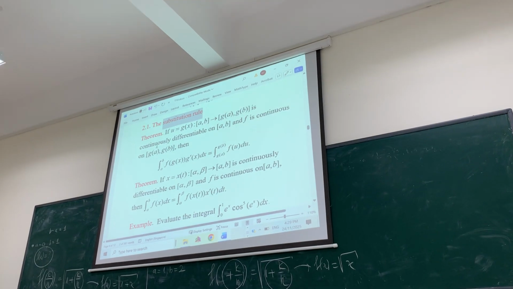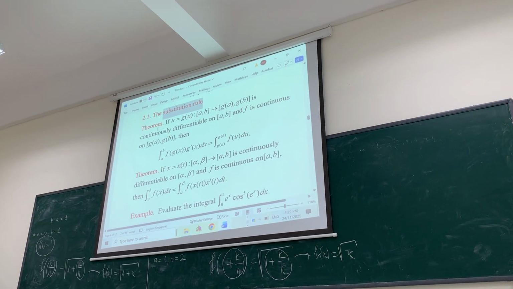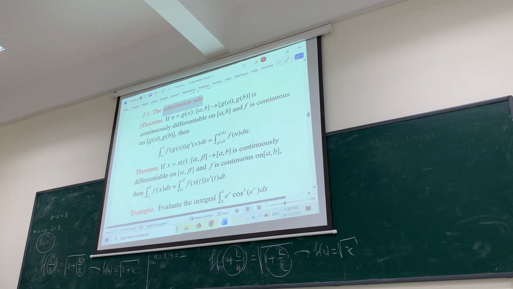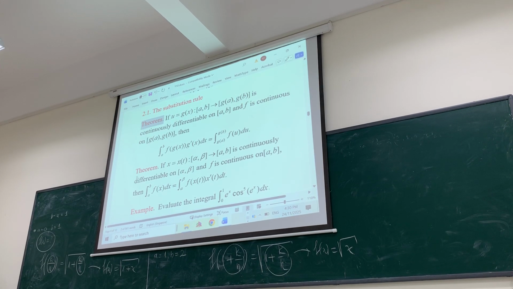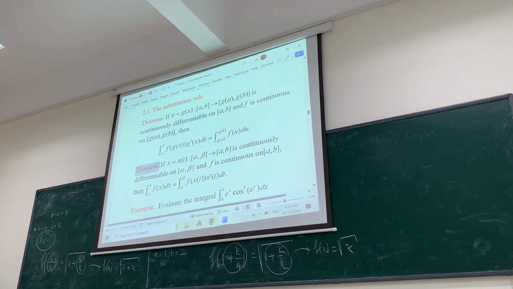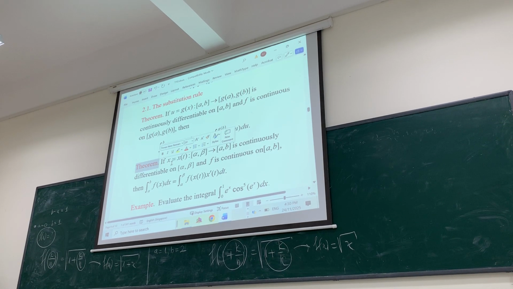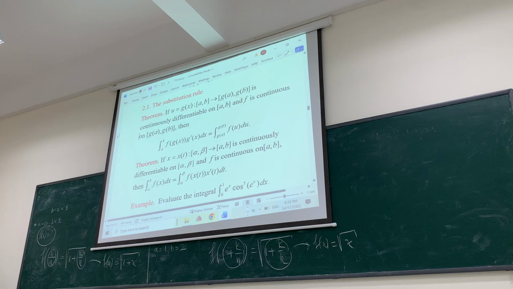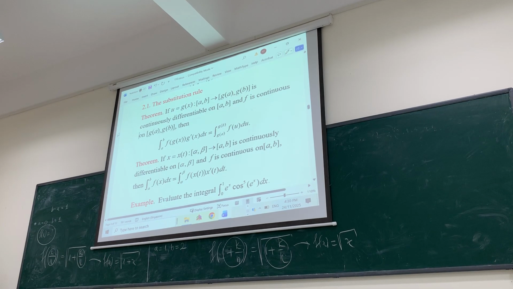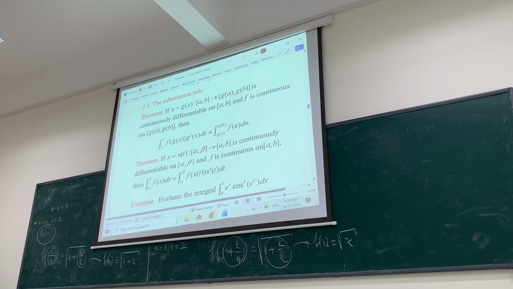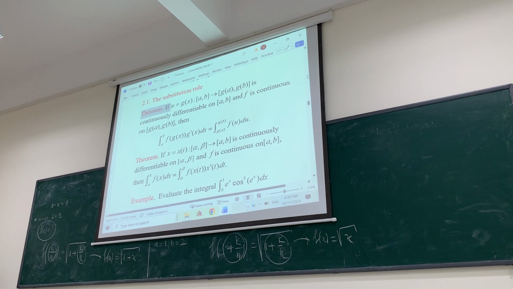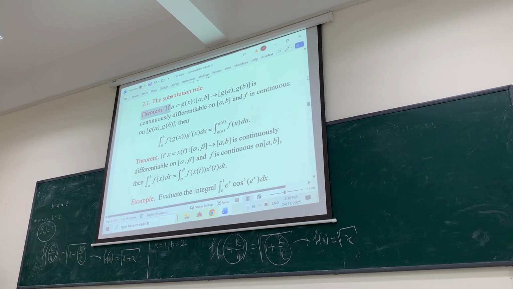And the new variable u depends on x, u is a function of x. Let's look at the first method. We can integrate the function f of t. We have two changes of variables related to the substitution rule. The first is u, a function of x.